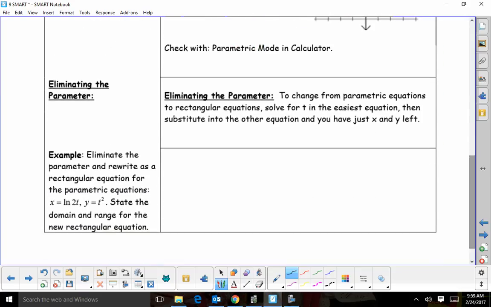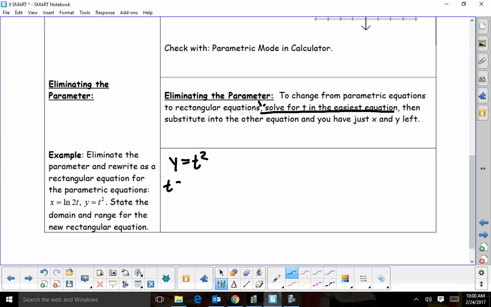So eliminating the parameter, to change from a parametric equation to rectangular equations, the first thing we're going to do is solve for t in the easiest equation. So looking at this one, it wants me to eliminate this parameter and go back to rectangular. Which one is the easiest equation to solve for t for? Okay, let's see. Solve for t.